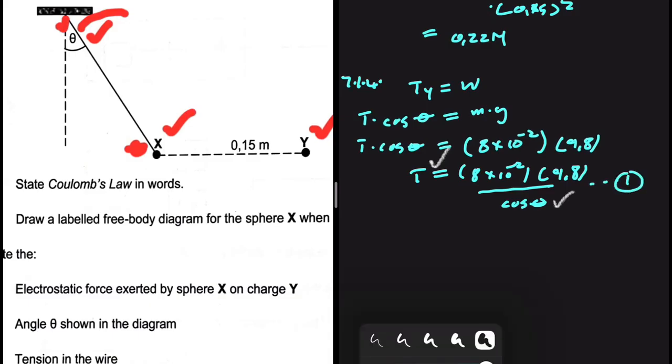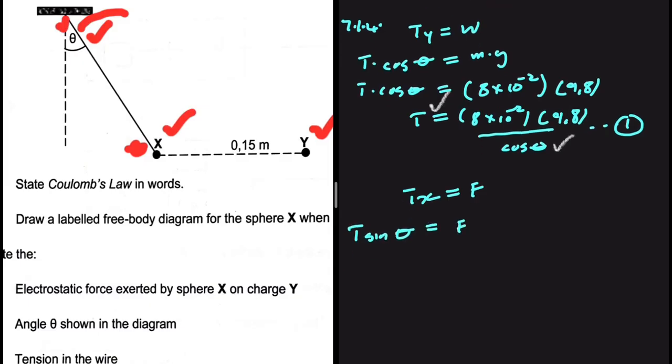We said that the forces along the y are balanced. The same is true with regards to the forces along the x. We have Tx equal to the electrostatic force. In our case, Tx is T sine of theta, equal to the electrostatic force. We know the electrostatic force is 0.22. So the tension is equal to 0.22 divided by sine of theta.